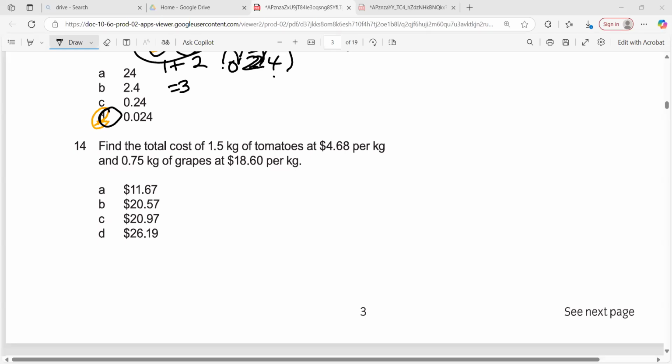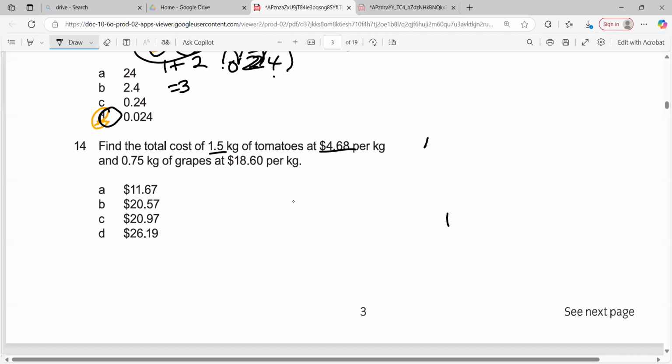So since it said, let's find the total cost of 1.5 kg of tomatoes at $4.68 per kg, sir, first I multiplied 1.5 by 4.68 and I got 7.02. And then it says 0.75 kg of grapes at $18.60 per kilogram.